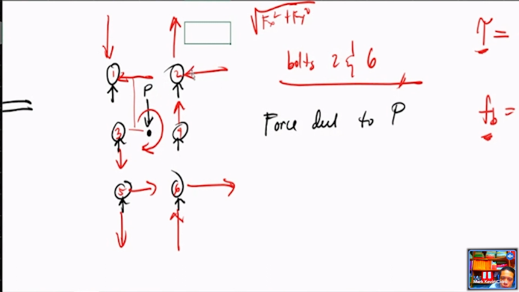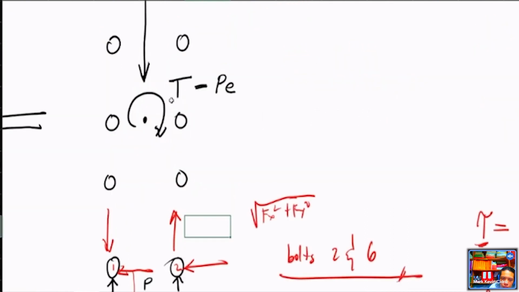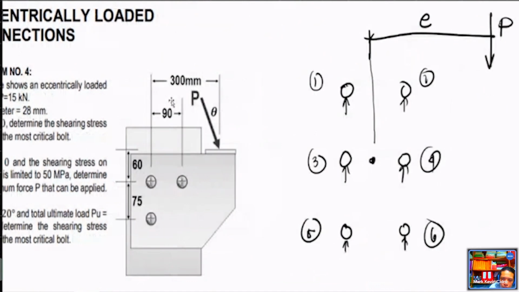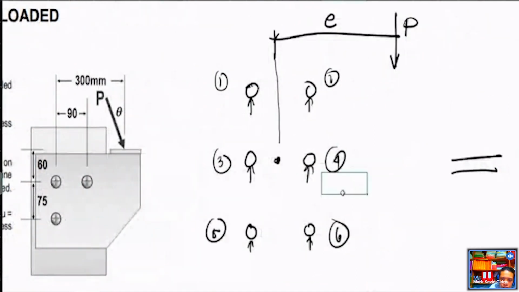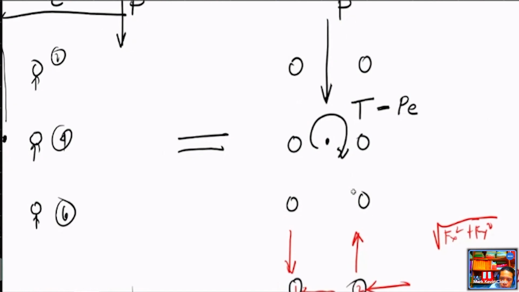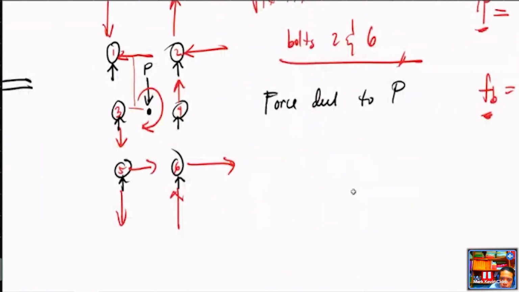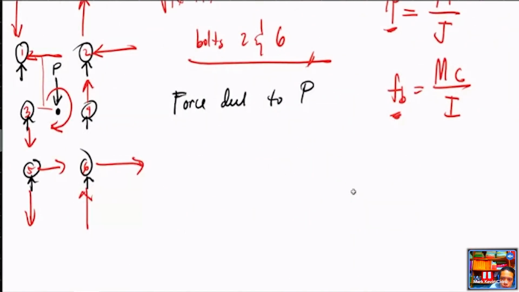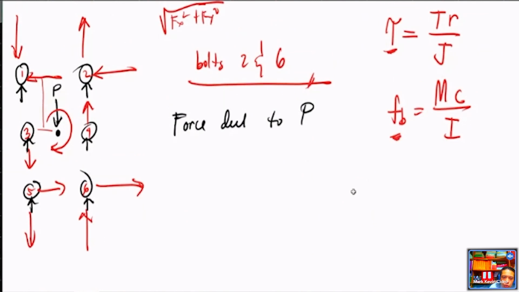the bolts react. Since your P is acting at the centroid, take note, that is our solution. That is the given. We get the equivalent loading. The equivalent loading is this one. Now, take note that P is acting at the centroid. How do we solve for the forces at each bolt, not the stresses, given that you have a P acting at the centroid?